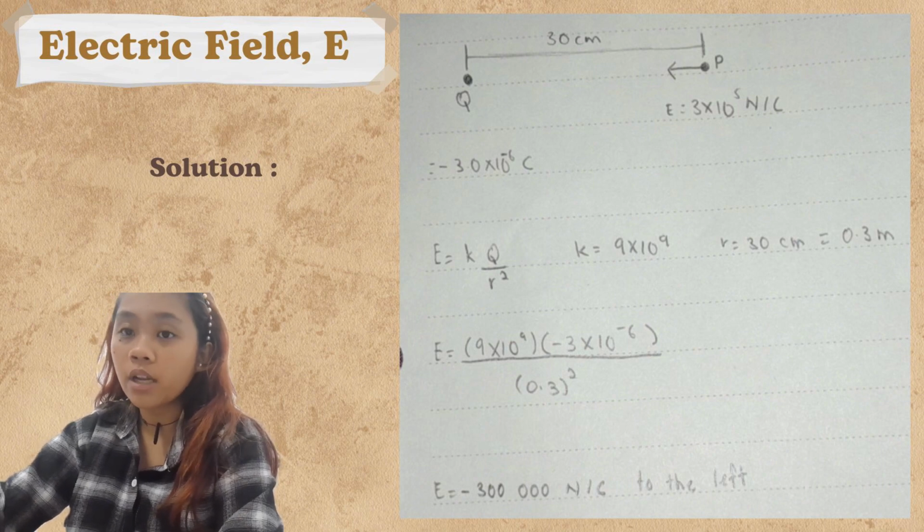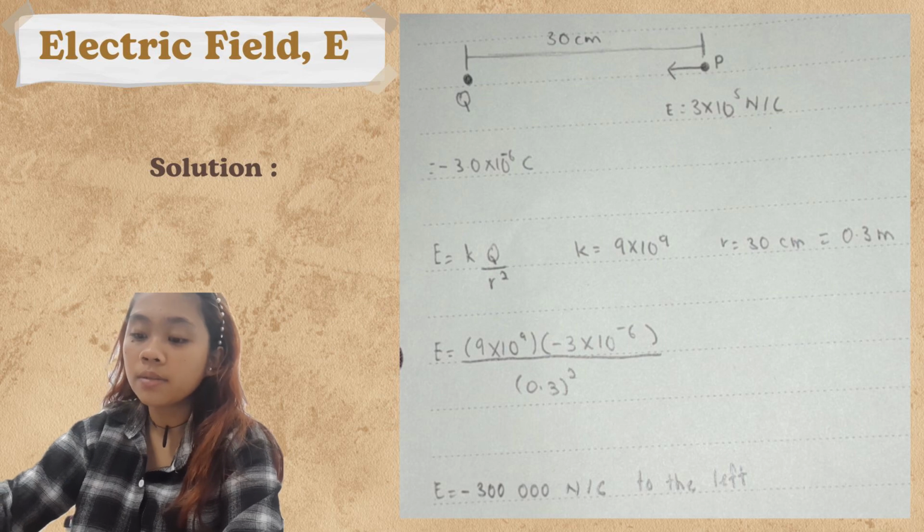And K is our electrostatic constant, which is 9 times 10 to the power of 9.